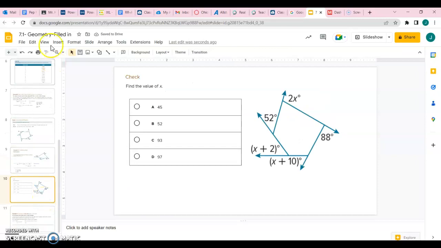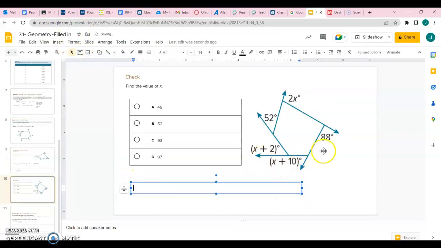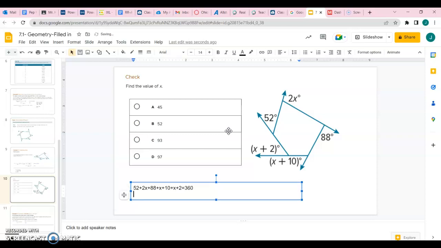So let's try another one. In this case, I know that I have a convex polygon, so I'm going to add all the angles up. I'm going to have 52 plus 2x plus 88 plus x plus 10 plus x plus 2 equals 360 degrees. So I'm going to combine my like terms. 52 plus 88 gives me 140.